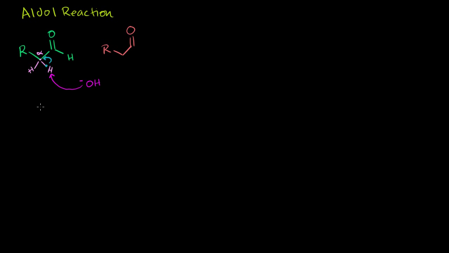And I'll draw it in equilibrium. So the products of that step, we'd be in equilibrium with: you have your carbon chain, or the rest of your molecule right there. And that's just to show that it could be anything. It's attached here to the alpha carbon, which is now going to be negative. I'll show that in a second. It's attached to the carbonyl group, which is attached to a hydrogen. And actually, I'll stop drawing that hydrogen for now, too.